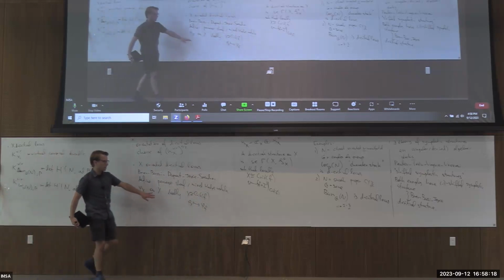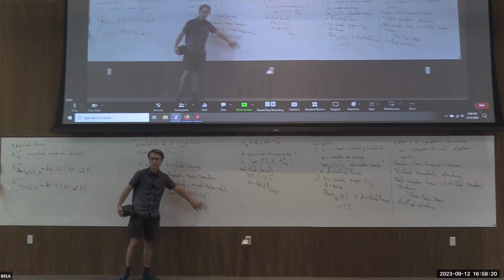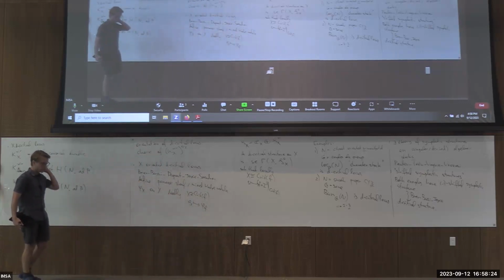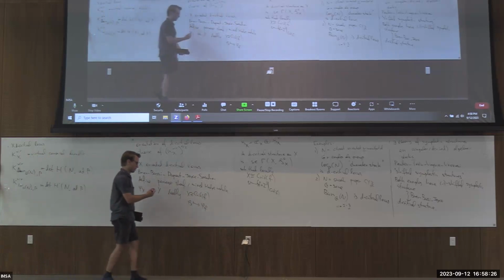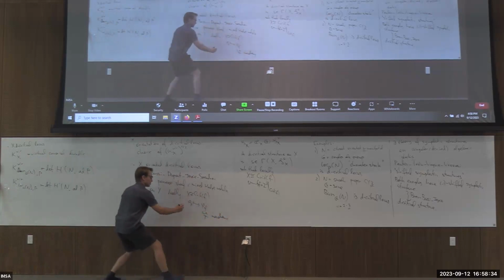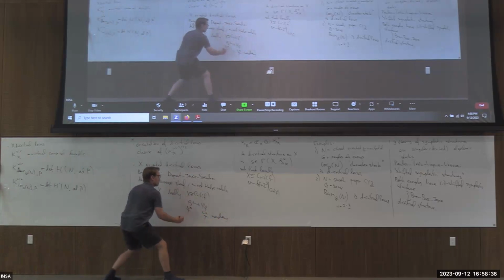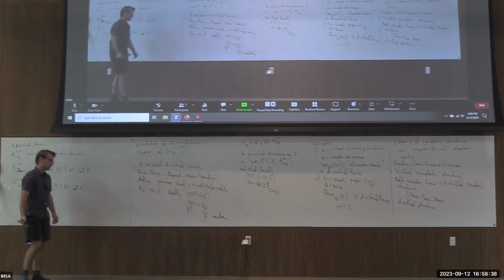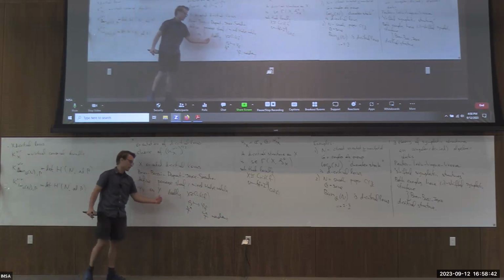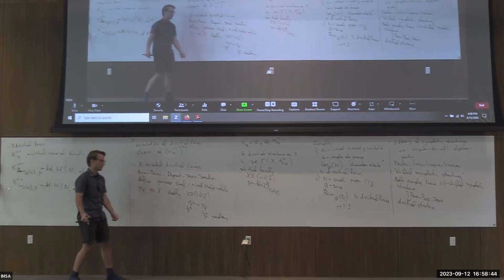If you're familiar with this sheaf of vanishing cycles, the sheaf of vanishing cycles also has a monodromy operator. So it's quite a rich structure that you get on the derived locus.